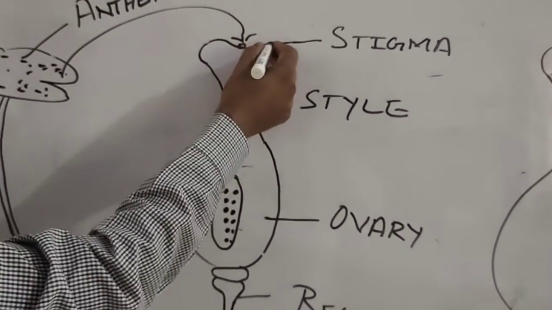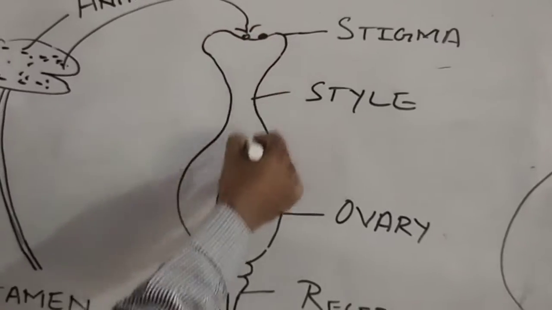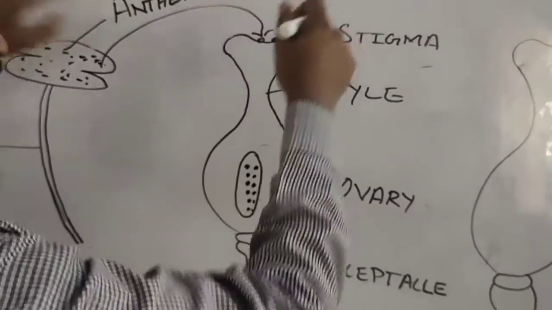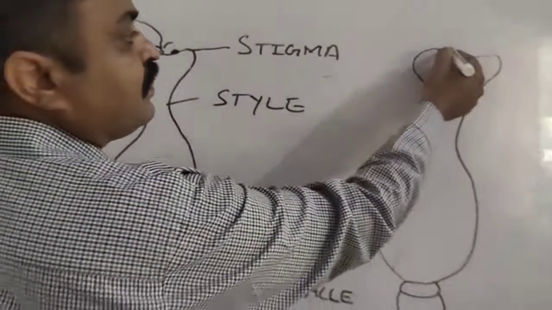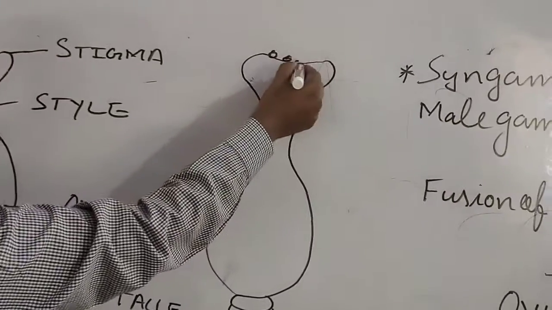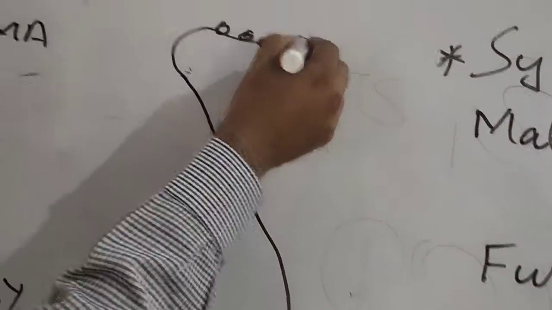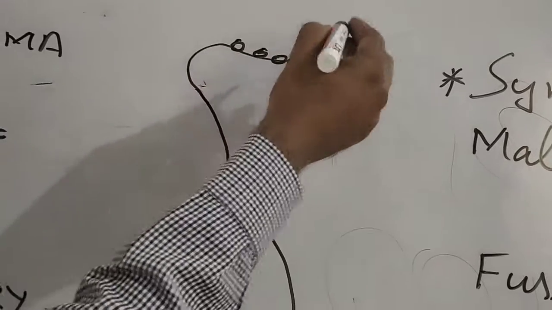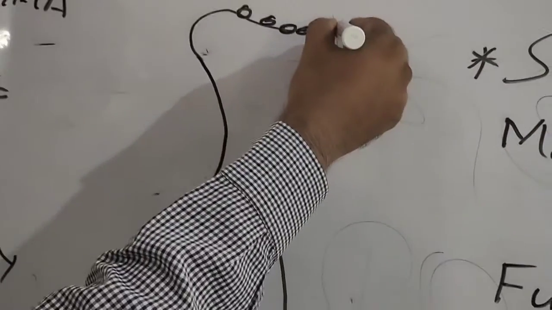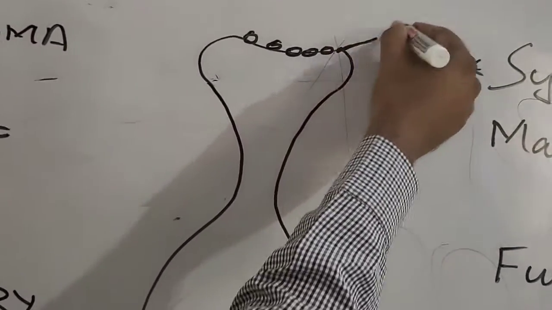This part is known as the stigma of the female reproductive part. What happens when the pollen grains move towards the stigma? They get stuck to the stigma because a glue-like material is found here.